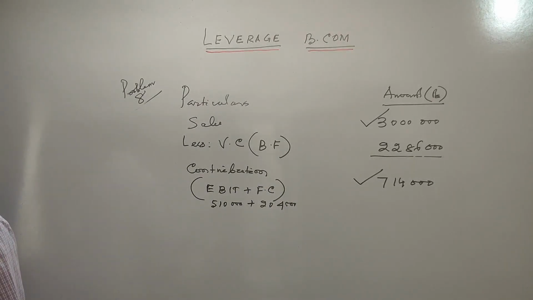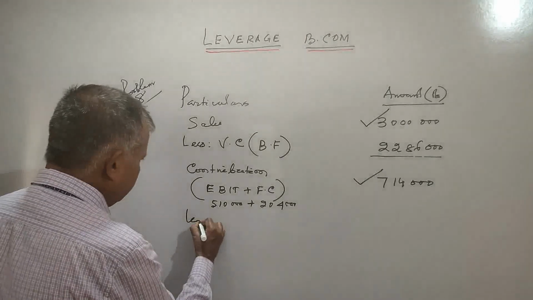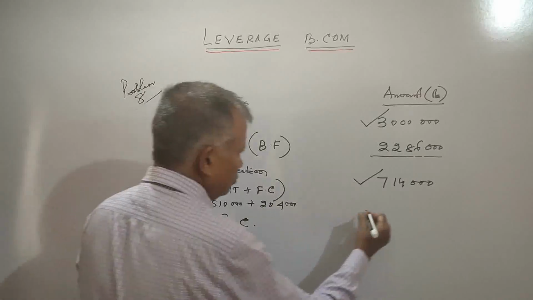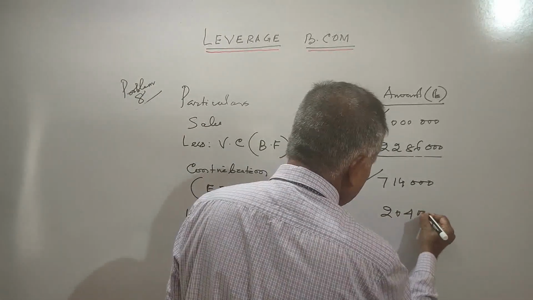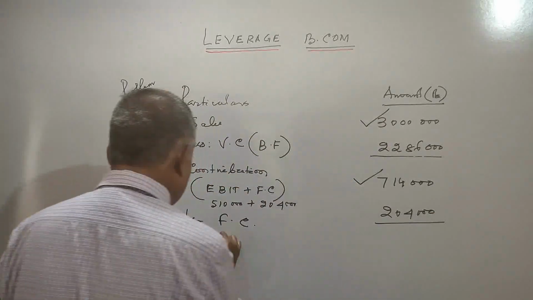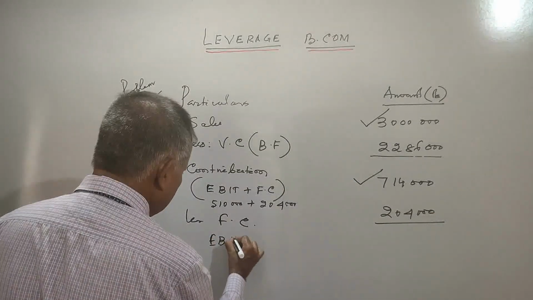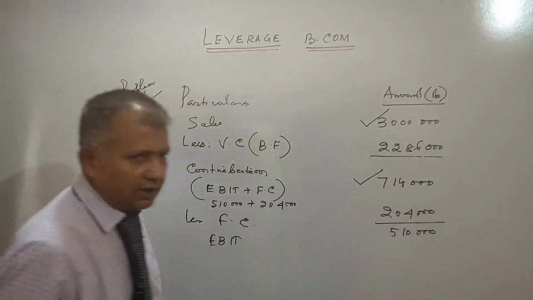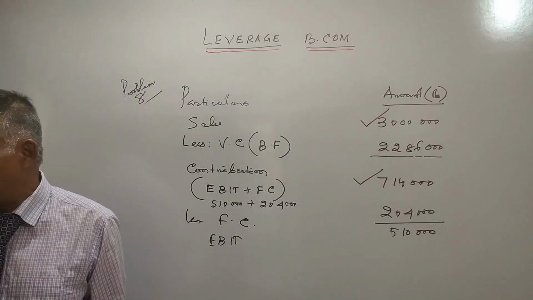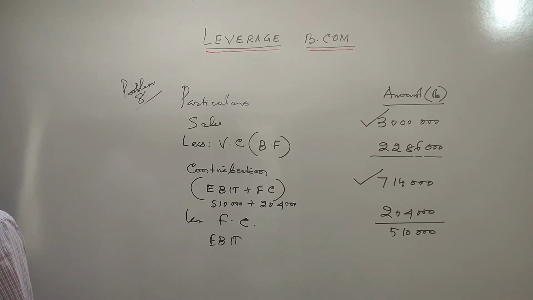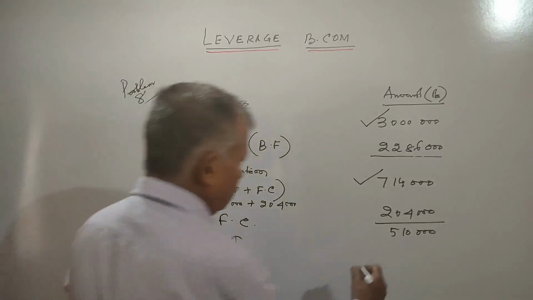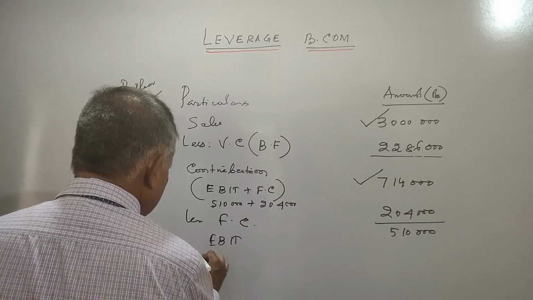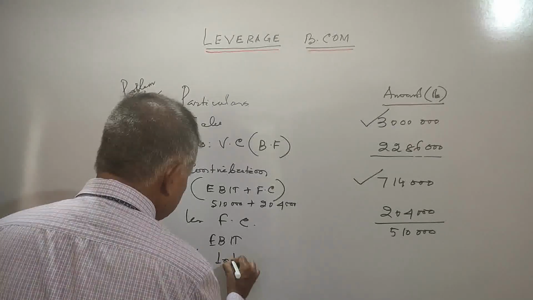Now after finding the contribution, we have to less the fixed cost, your 2,04,000. Then EBIT 5,10,000. We have already found out this EBIT, 5,10,000. Tax is 30%. We know the interest, less interest.